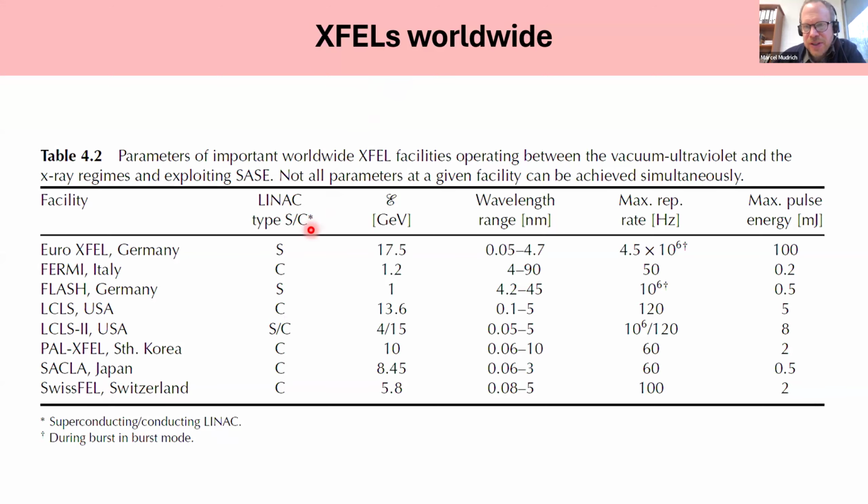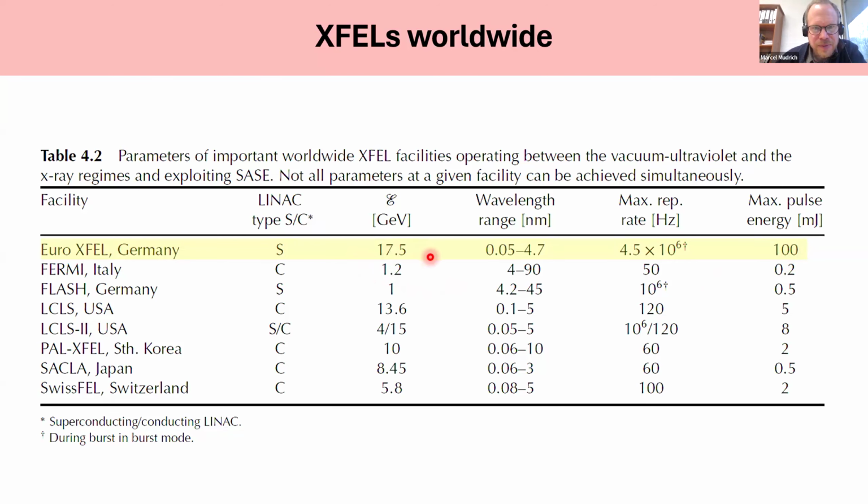So here's a short compilation of the different main properties for those FELs that are online now. With European XFEL on the top, because here we are talking about, I think, the reported highest 17 millijoule pulse energy. The design value is 100.